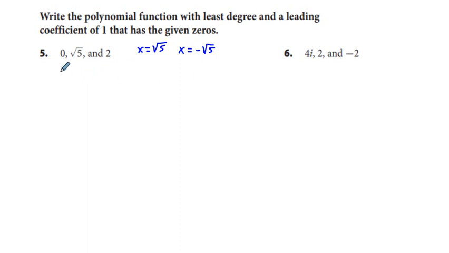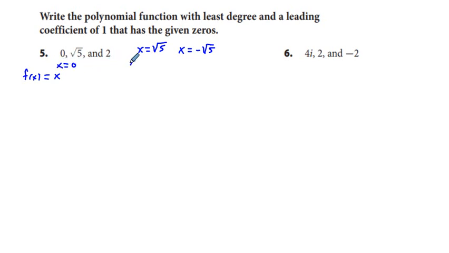And so now we can set this up. I'm going to call our function f of x, a standard generic function name. If we have x equals 0, that's going to be one of the factors.